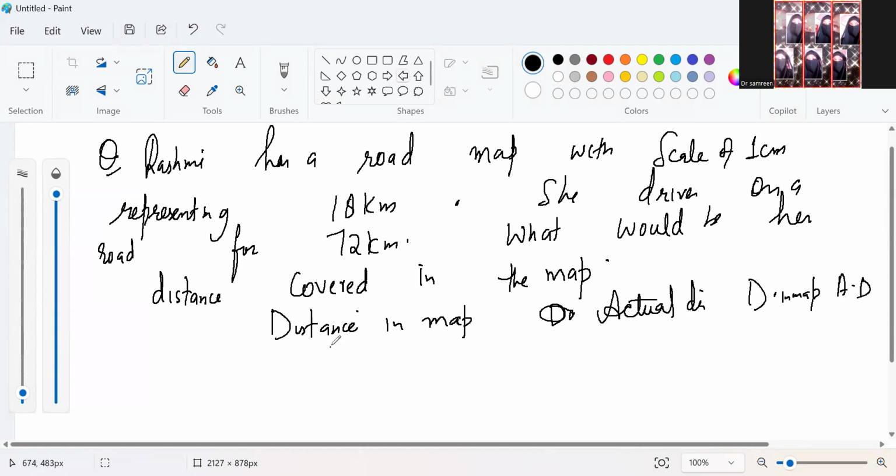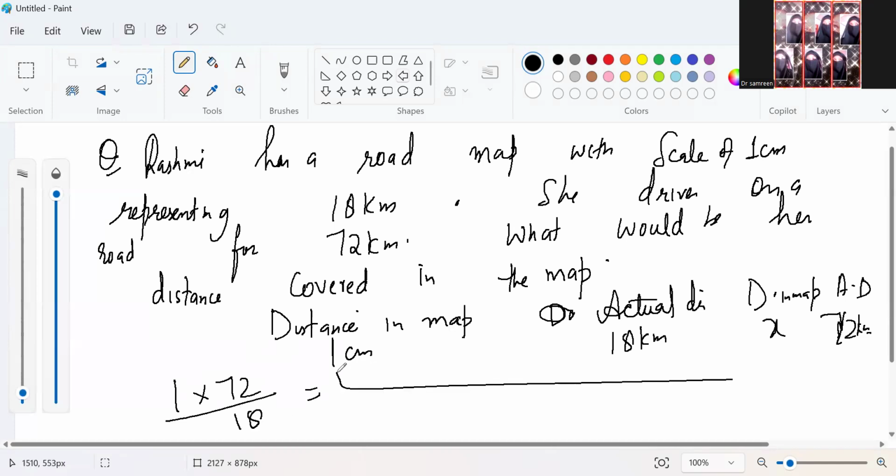Now distance in map is 1 centimeter and actual distance is 18 kilometer. Will be 72 kilometer. This is again direct proportion, so we will multiply 1 into 72 divided by 18. So it will be 4 centimeter.